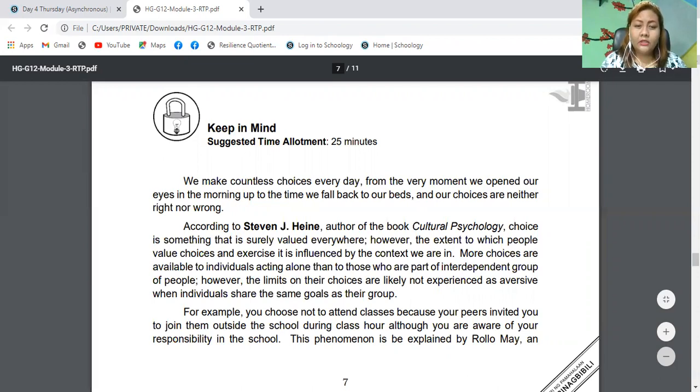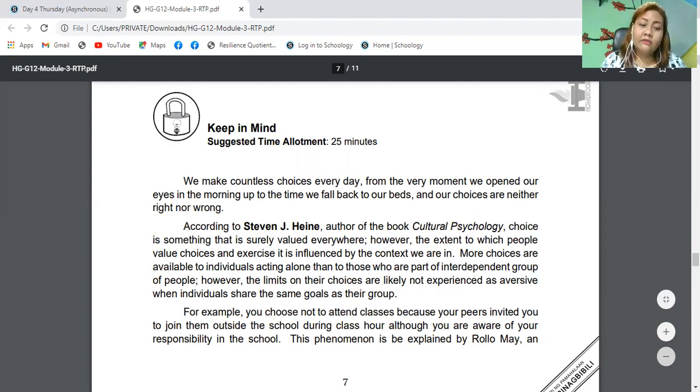So according to Stephen, the author of cultural psychology, choice is something that is surely valued everywhere. When you say valued, it's important. And the important choices and exercises influence our character or the context that we are in.